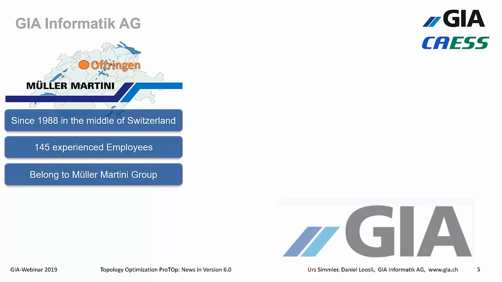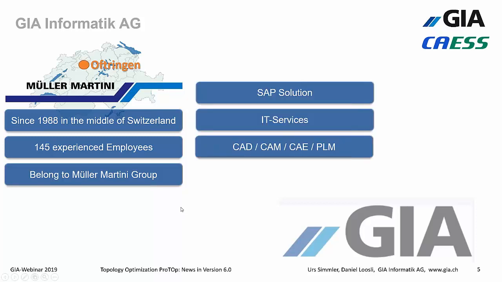They're also working with CAD, Creo Parametric. After the printing process of newspapers and so on, they produce printing, handling and cutting machines. And GIA Informatik itself has three topics it's working on: SAP solutions, IT services, and CAD/CAM or PLM solutions.